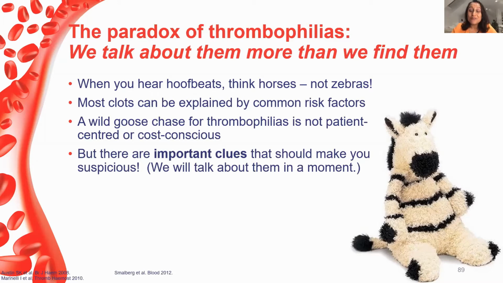So if you hunt for thrombophilia in these cases, your hunt is probably not going to be fruitful. It will not be a good use of healthcare resources, nor will it really change the way we manage our patients. Now, there are some important clues that should make you suspicious about thrombophilia, and they should trigger you to think about zebras and not horses. But please take my word for it, these zebras are rarely encountered.